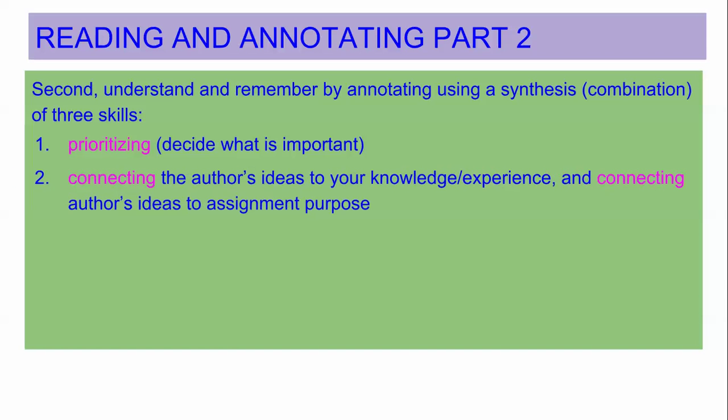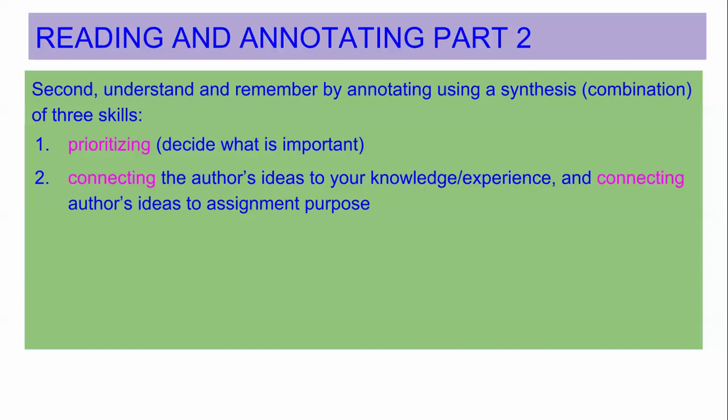Next is connecting. Here, connecting has many meanings, but in this case, I'm sure you've experienced Wiki and Wikipedia before in terms of what people say about it and using it. So you have to connect your ideas with the author's ideas to see if you agree or disagree. And we're also connecting the author's ideas to our assignment purpose, which we've now established is to summarize the pros and cons.